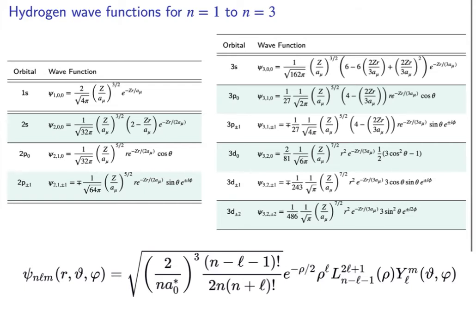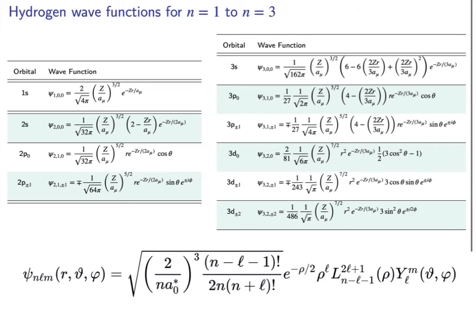But I know what everything in this equation means, and I can't use this to help me visualize what's going on. I can't even use these equations to help me visualize what's going on. They're too complicated, except for this one. This one's easy. This stuff is just a constant, and then we have an exponential that decreases as r increases. But other than the 1s, the ground state of the electron, these equations are quite challenging to visualize.